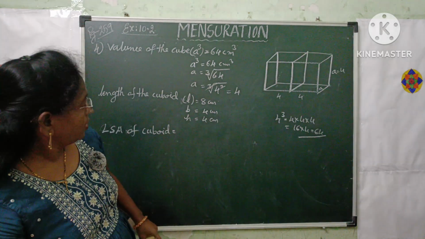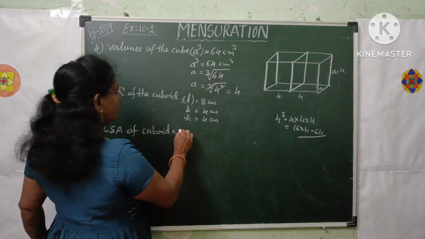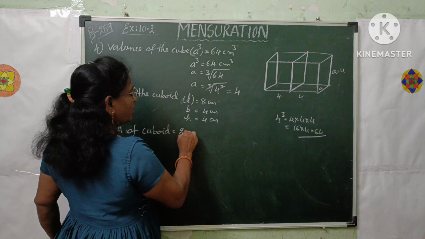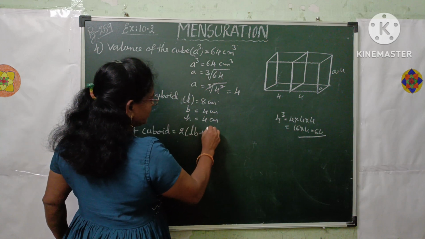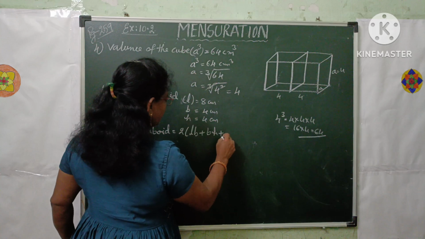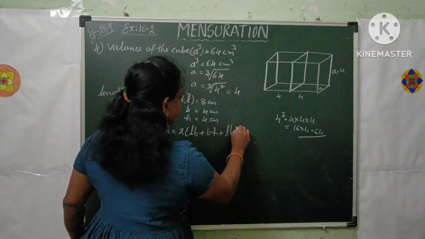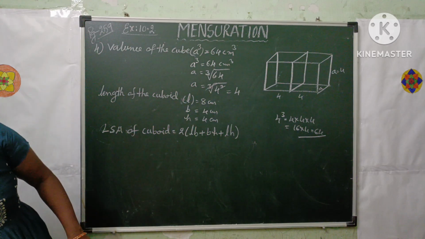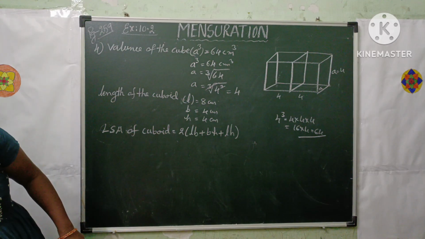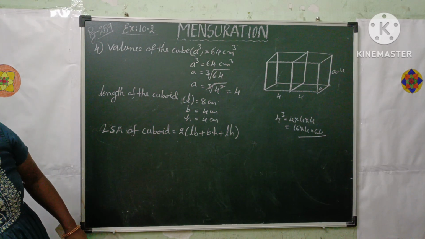Right. LSA of cuboid equal to, what is that? Already we know, 2 into LB plus BH plus LH.